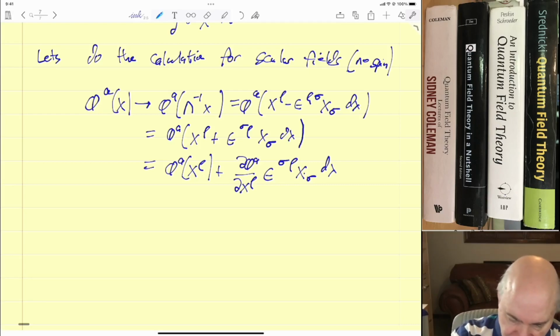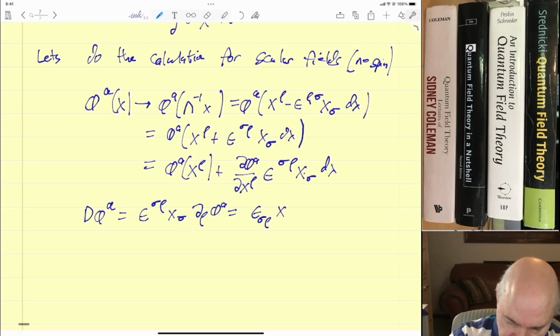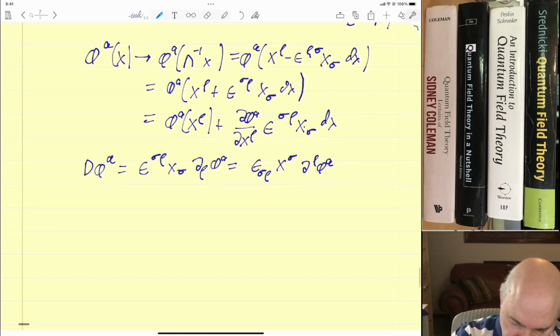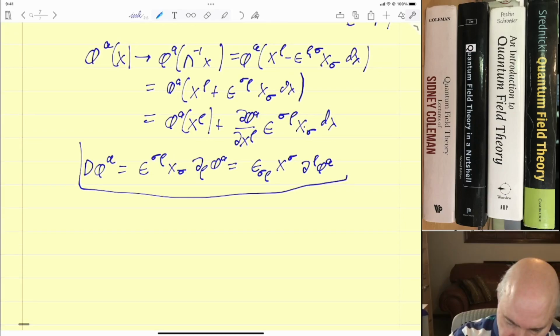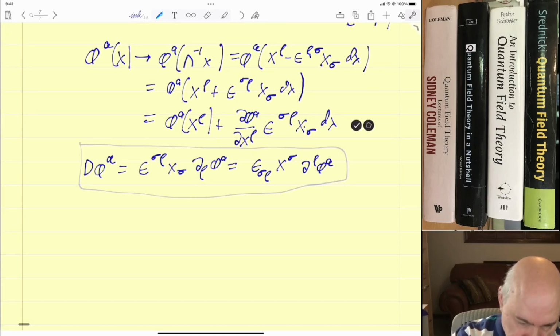So this implies that, using our usual notation, now I'm going to lower some indices and raise some others. Okay, I think I'll probably need that a few times.